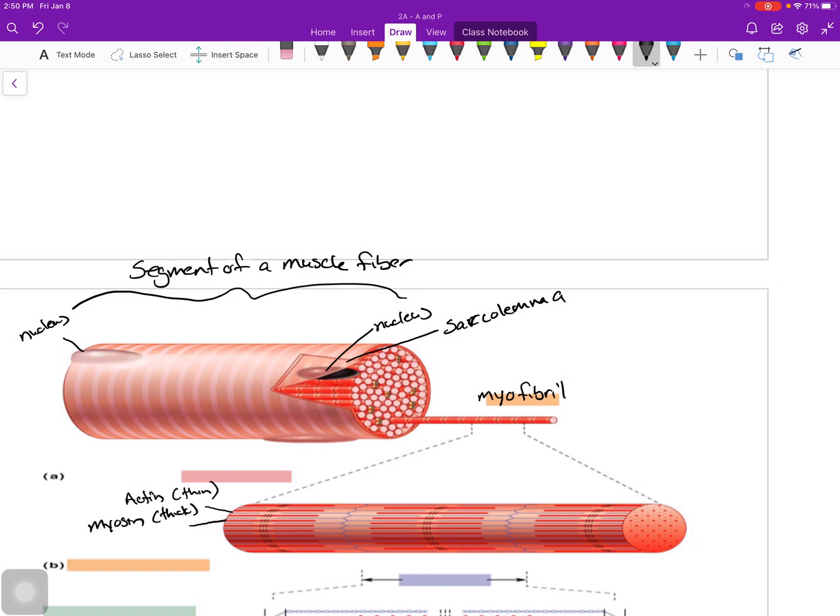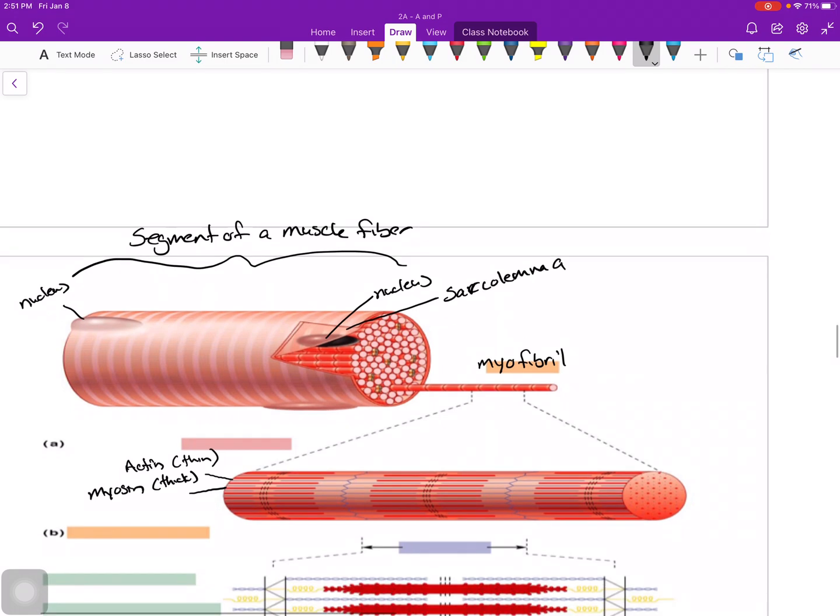Okay, those are your myofilaments. Now, you have different things here, guys, that we're going to label, and we'll talk a little bit about them later on. But this area right here is called the H zone. This area is called the Z disc or Z band.